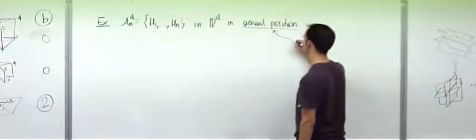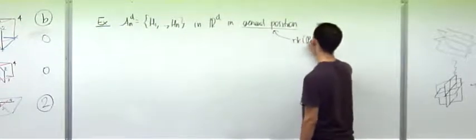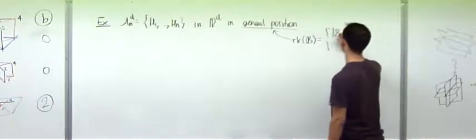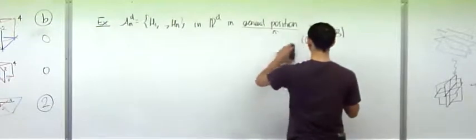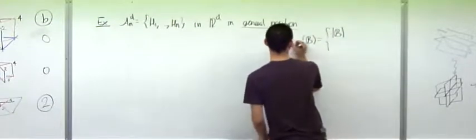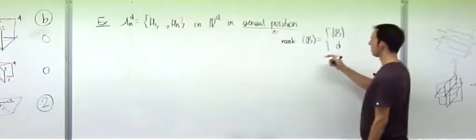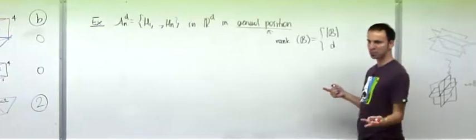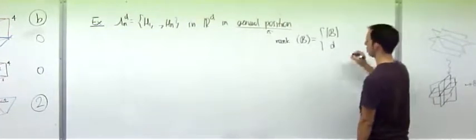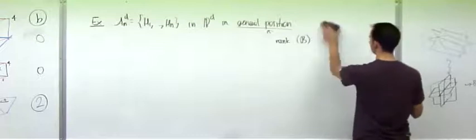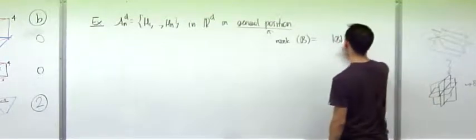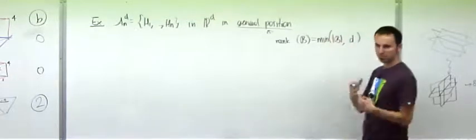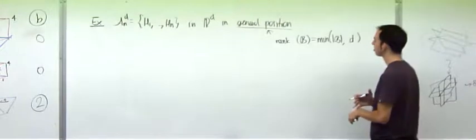It means that the rank of a hyperplane is 1, the rank of 2 hyperplanes is 2, the rank of 3 hyperplanes is 3, and so on. Okay? So the rank of b hyperplanes is basically b, or d if you kind of run out of space, because the rank has to be between 0 and d because the dimension is between 0 and d.